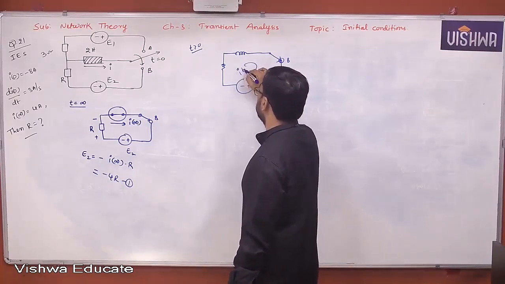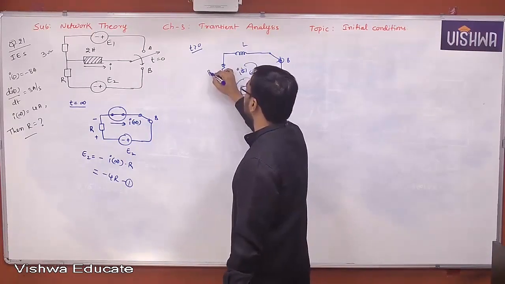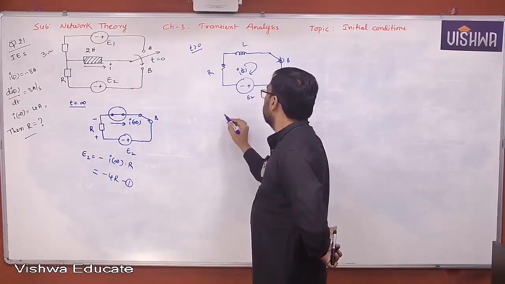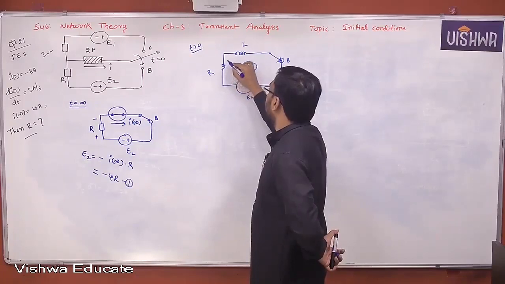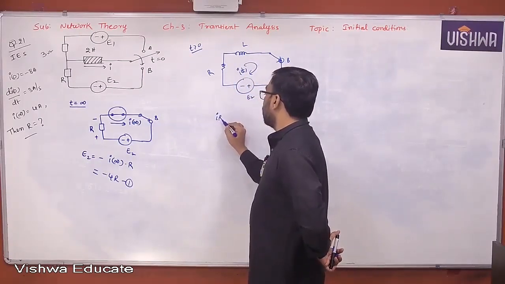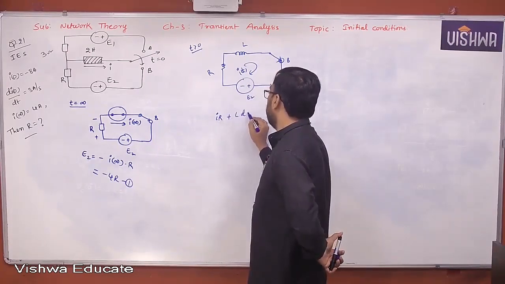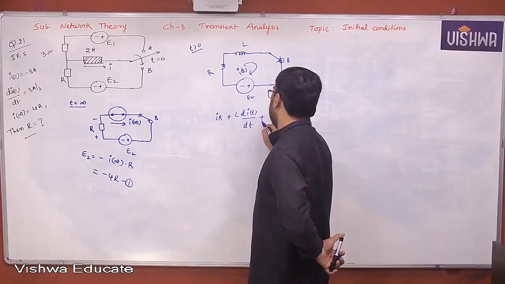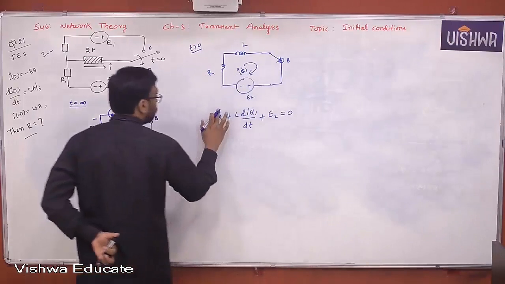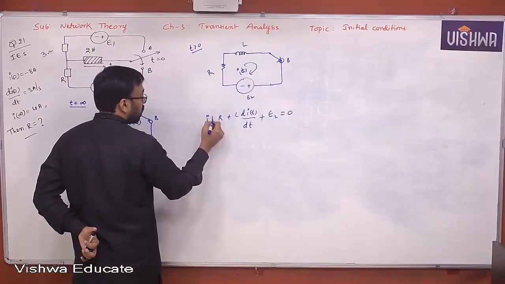I of t, L and R. What do you get? E2. Tell me, what do you get? Minus IR, minus L dI by dt, minus E2. Nothing but I R plus L dI of t by dt, plus E2 is equal to 0.